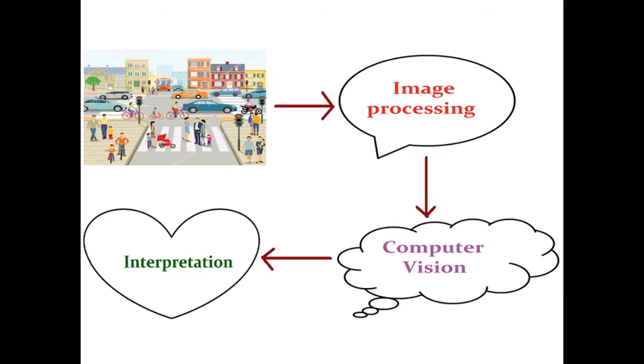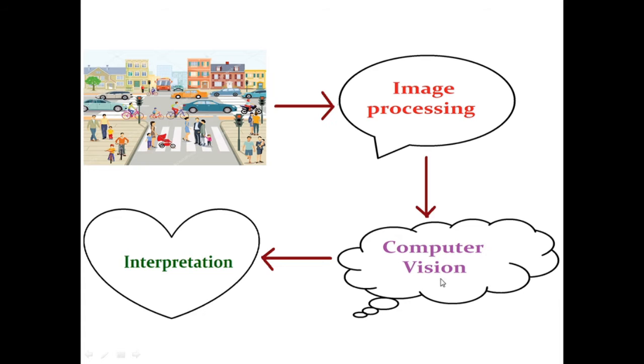Okay, the same thing I have given here to make it a bit clearer. So this is some kind of traffic scene. Since acquisition is done by the camera, it is sent to the image processing unit for any noise removal, enhancement, or deblurring purpose. The image processing gives the output.